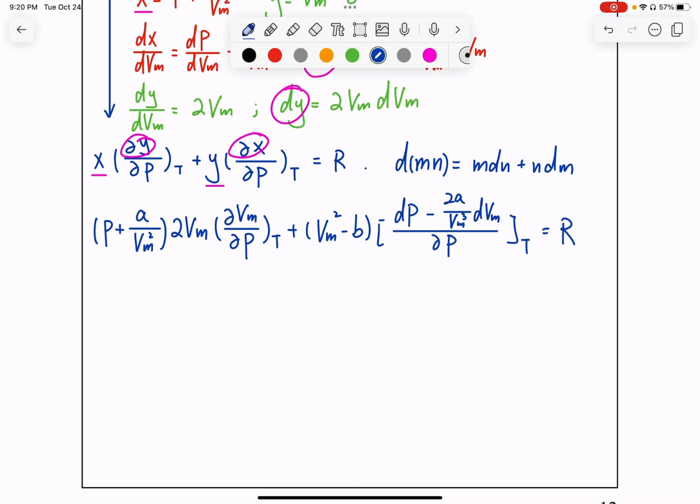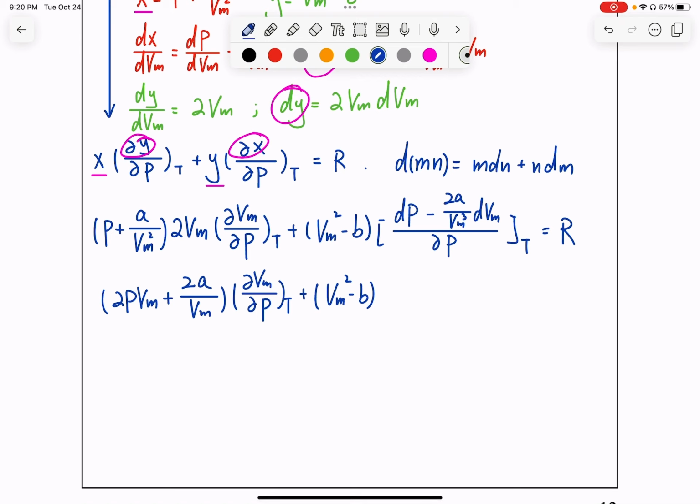That's organizing the terms a little bit. So first of all, let's write that 2Vm into the equation. So we have 2pVm plus 2a over Vm. That's our first term here. Plus Vm squared minus b.